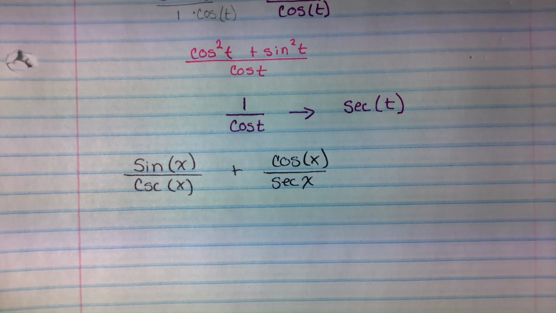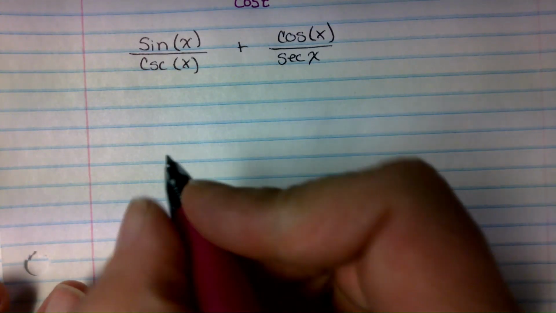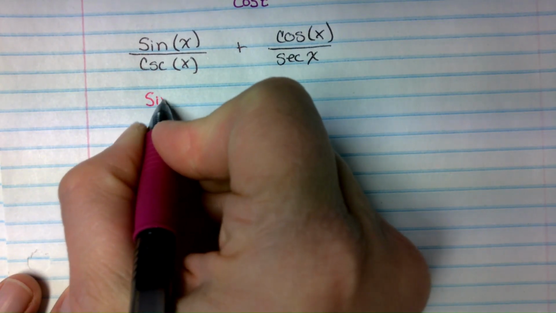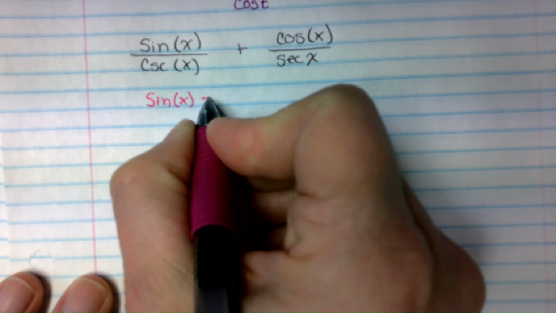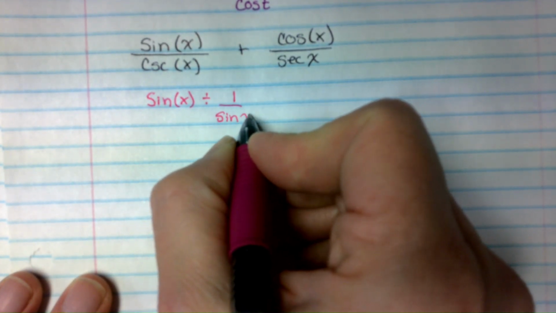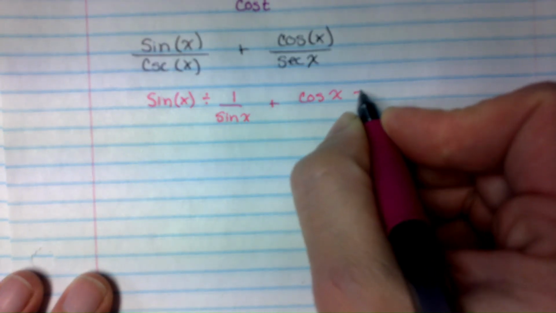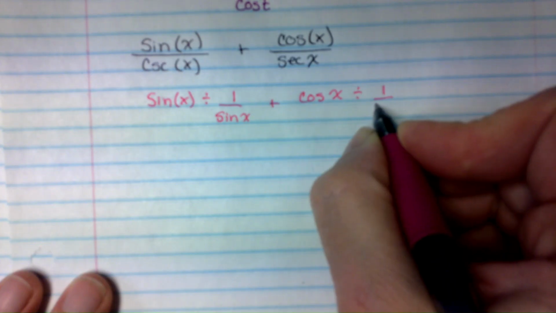Going back to our terms of sine and cosine, we have some things that are not in terms of sine and cosine, so that's the first thing I'm going to work on. I have the sine of x divided by cosecant, which is really 1 over sine, plus cosine divided by secant, which is 1 over cosine.